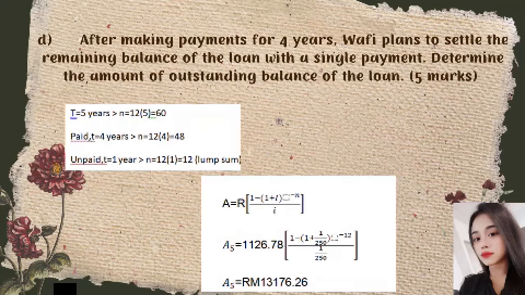So for the next step, A5 equal to 1,126.78[1 - (1 + 1/250)^(-12)] over 1/250.